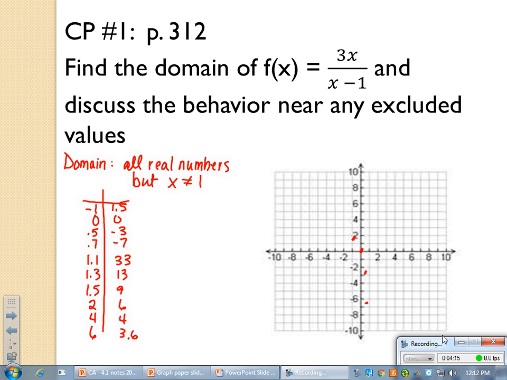It's going to come in here from the left and it's going to drop off drastically.